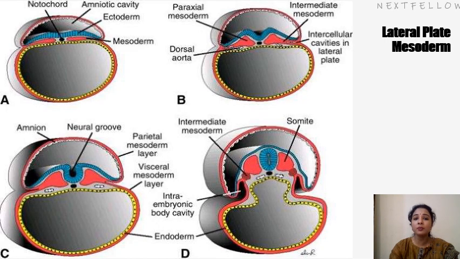And the mesoderm anterior to the procordal plate or buccopharyngeal membrane is continuous on each side. So both sides are continuous.